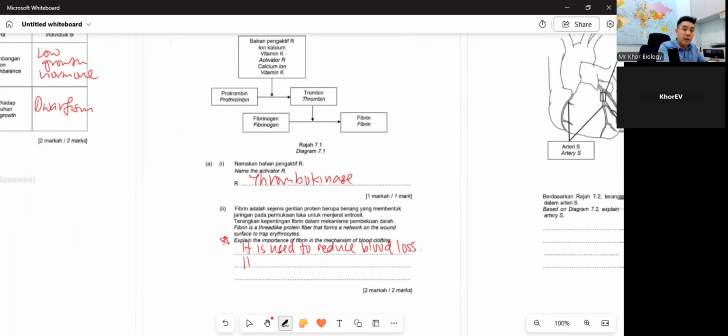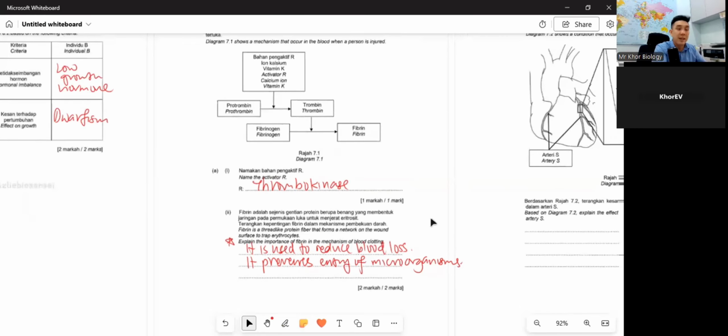Okay, guys, it prevents entry of microorganisms. And if you want to, you can say maintain blood circulation.